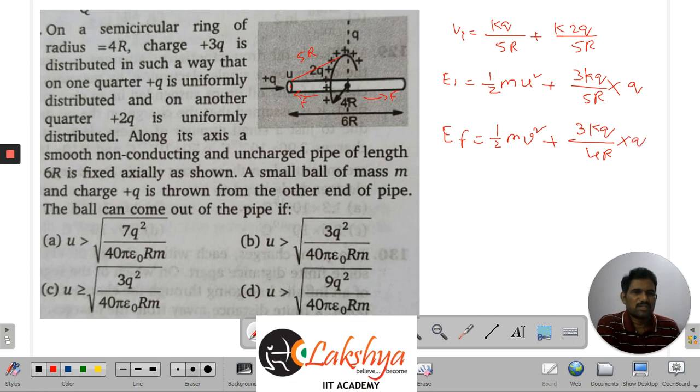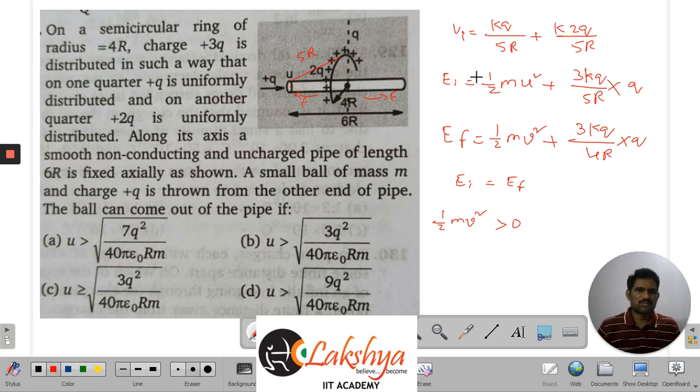Now, by conservation of energy, you can equate the initial energy to the final energy, and from this you can simply write the half mv square value. You can use the condition that half mv square should be greater than 0, because it should reach the other end. Then you can calculate the v value from this, right?